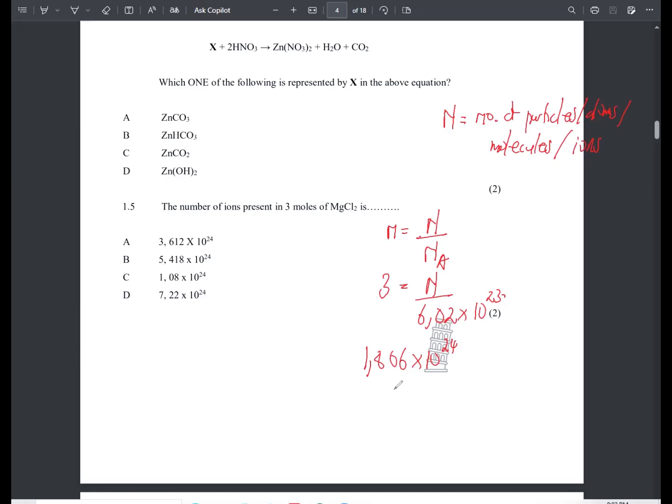Even when we are looking at this, there is no answer like that here in the options. This is 1.806, and here we only have 1.08. So this is not the final answer. Now, what must we consider? Note that they said the number of ions, not the number of particles.